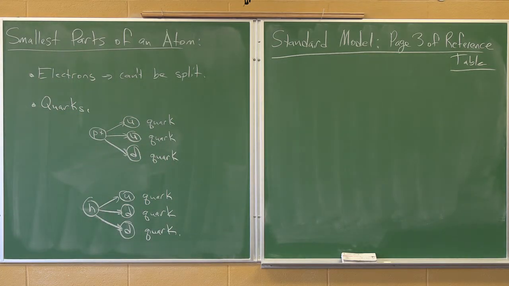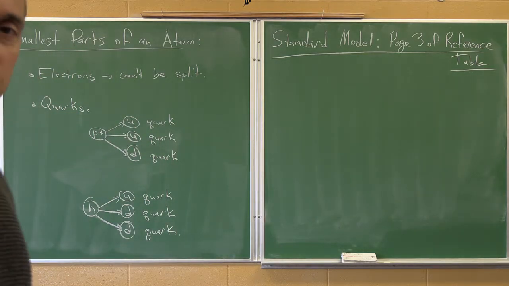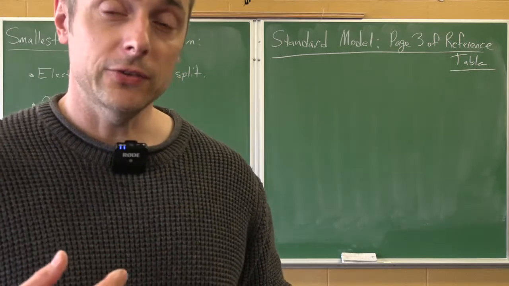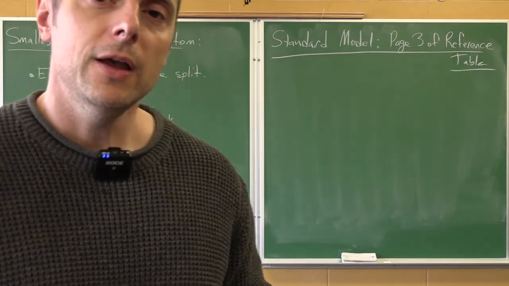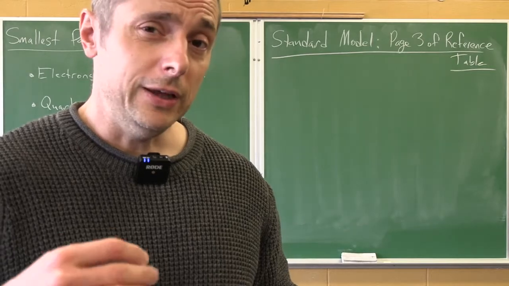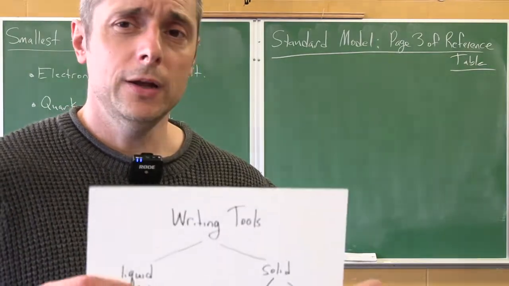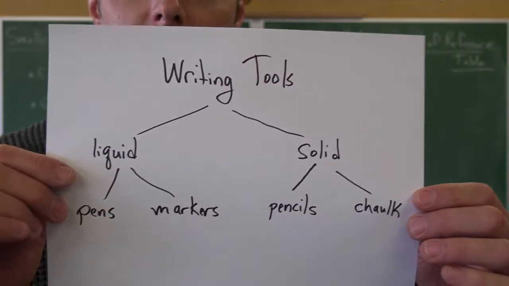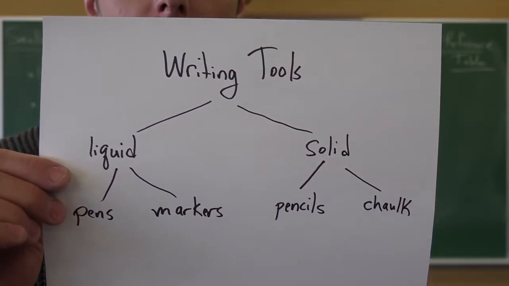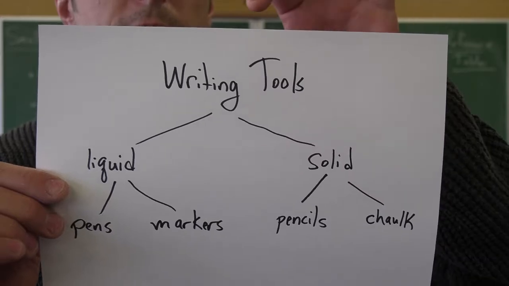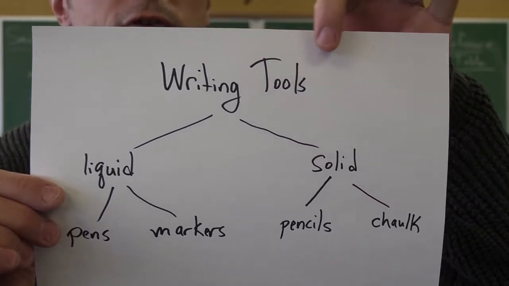Before I show you what's there, I want to call your attention to classification schemes and how they work. Now, there's biology where they classify all life. This is too complicated. I just wanted a quick classification scheme so you could review how they work. Let's suppose I want to classify all writing tools.